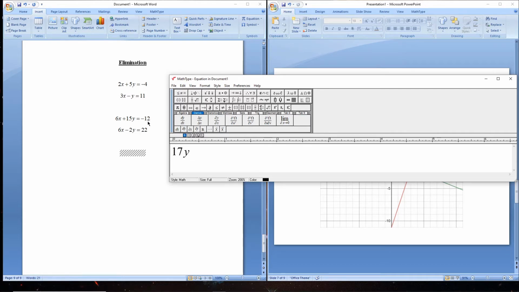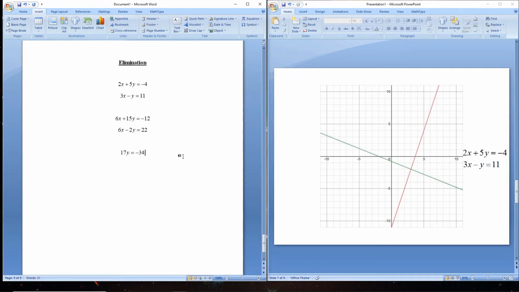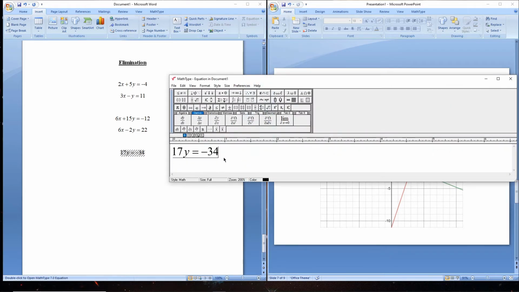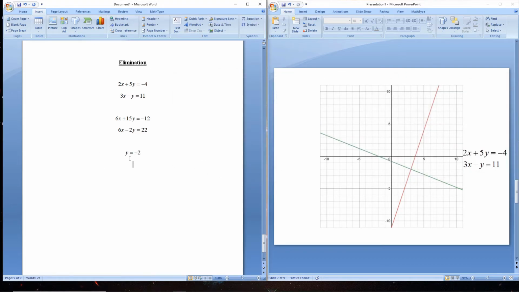And if we subtract here, we'd have minus 12 minus 22, so that would get us then a minus 34. And now we can solve this for y. Divide both sides by 17, and so minus 34 divided by 17 is minus 2. And so we get y equals minus 2.